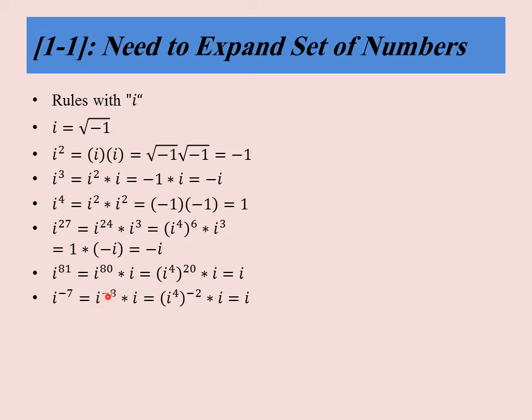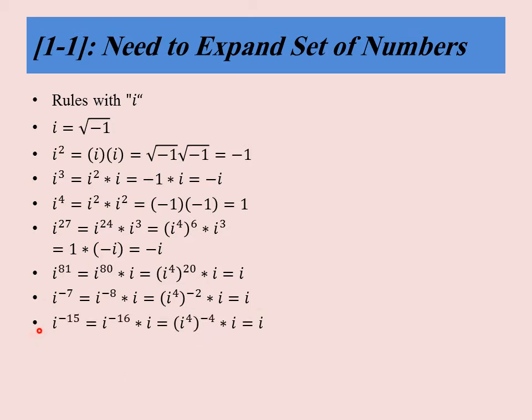So this is 4 times -2 multiplied by i to the power 1. As I know that i to the power 4 is 1, and 1 raised to any power, negative or positive, is just 1, multiplied by i, the result is i.